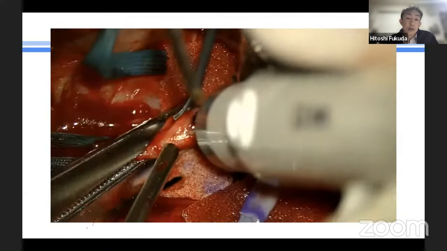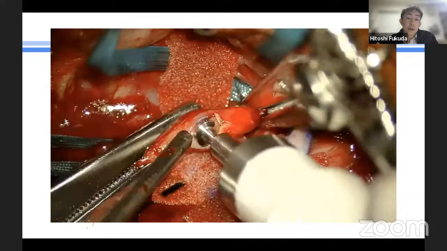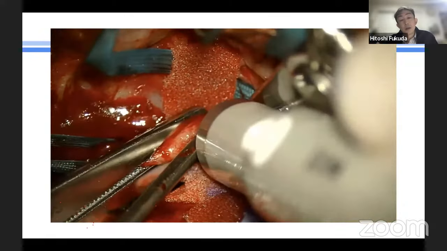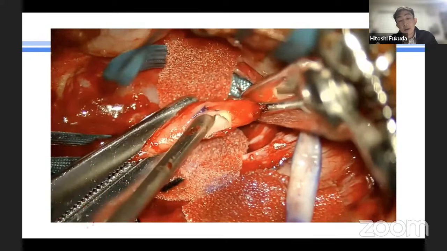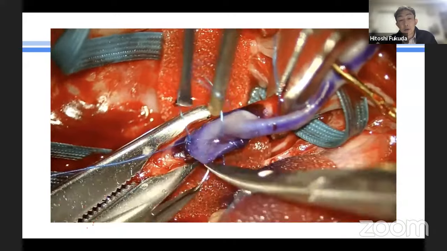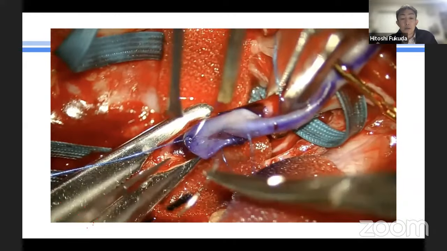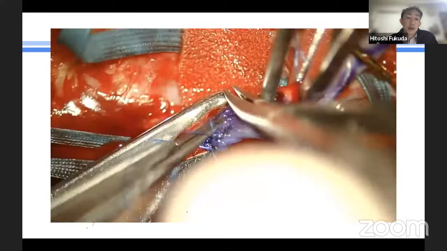After clamping, the arteriotomy is made by vessel punch. And then the radial artery graft is anastomosed with running suture of 6-0 Prolene at this side and the other side.